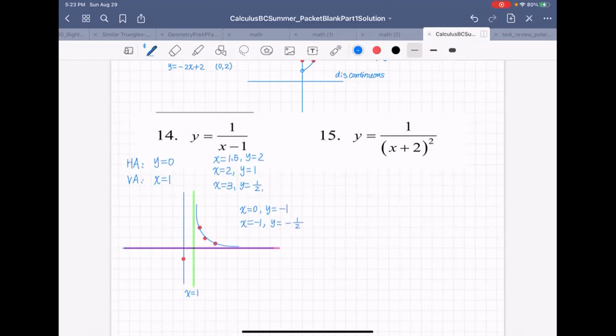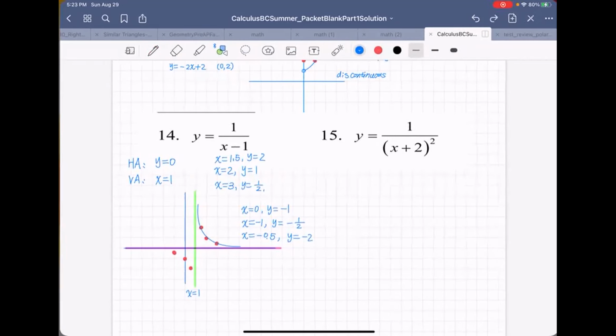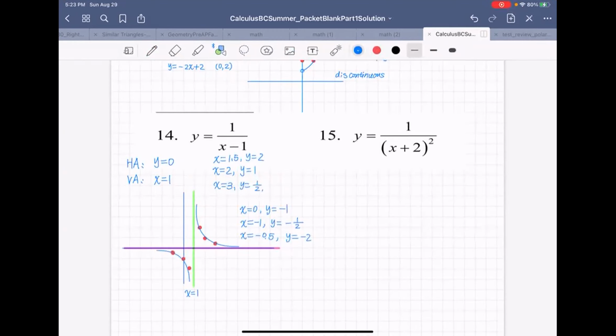And then when x is equal to 1/2, y is equal to -2. Yeah, when x is 1/2, y is -2. There. Yes. Okay.